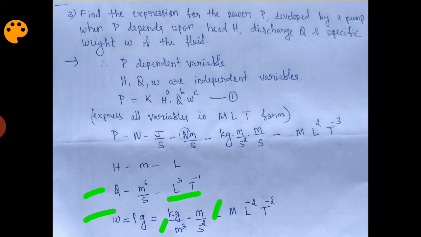So if you see here, we have kg, only one term, which is the mass term M. Then we have meter in the numerator and meter cube in the denominator. It will be meter square in the denominator, so we have L raised to minus 2. Then we have second square, s square term in the denominator. We will get T raised to minus 2.